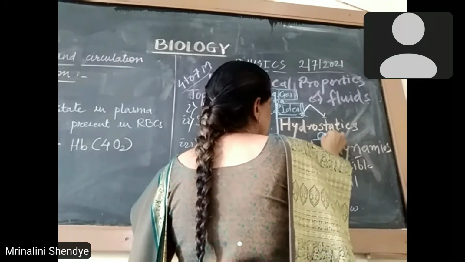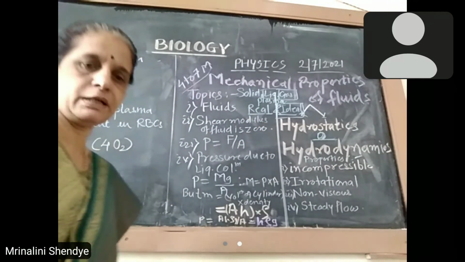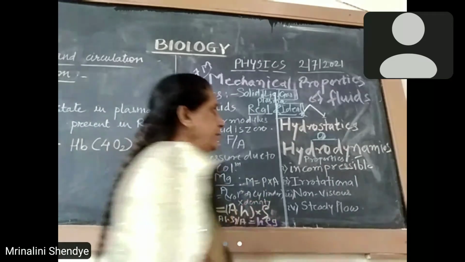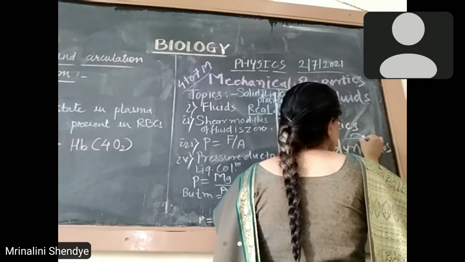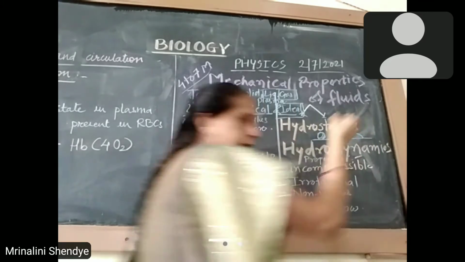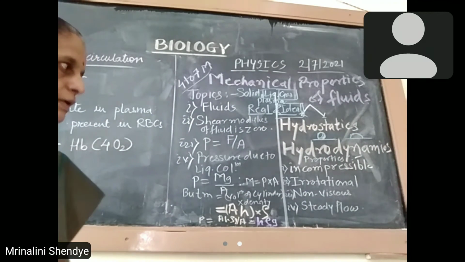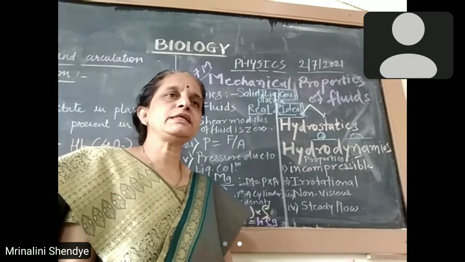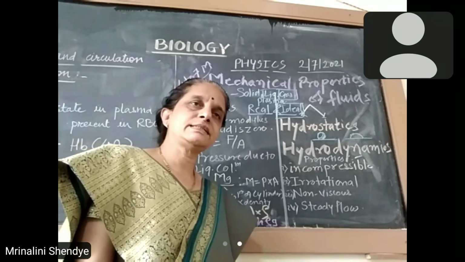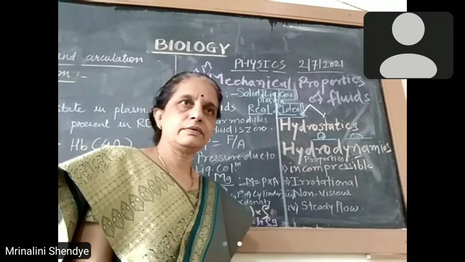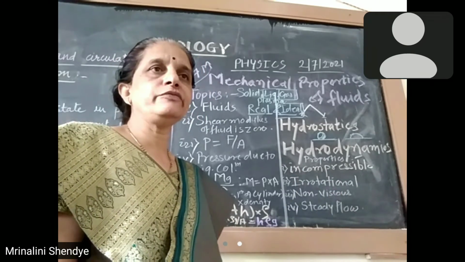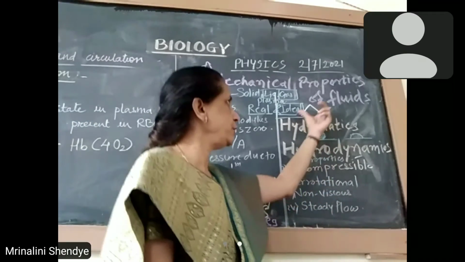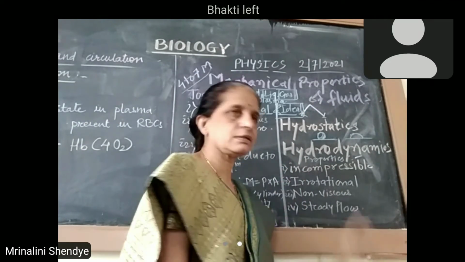If you place water on it, you get a water bubble like this. So the viscosity of mercury is always greater than water. In this case, the fluid must be non-viscous.